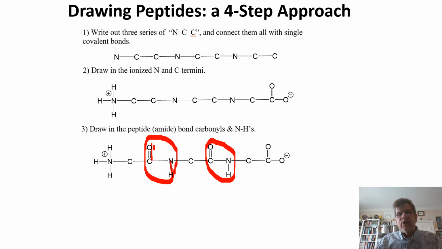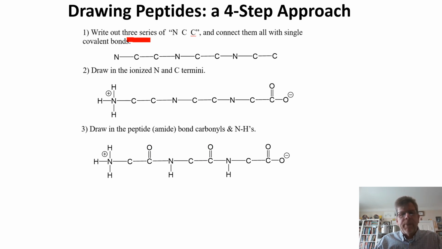There's 2 amide bonds or 2 peptide bonds here because we're drawing a tripeptide, 3 series. So we draw in these carbonyls, C double bond O, and our NHs. And what that leaves last are these sort of naked carbons right here. And these are our alpha carbons. And our alpha carbons we deal with last.